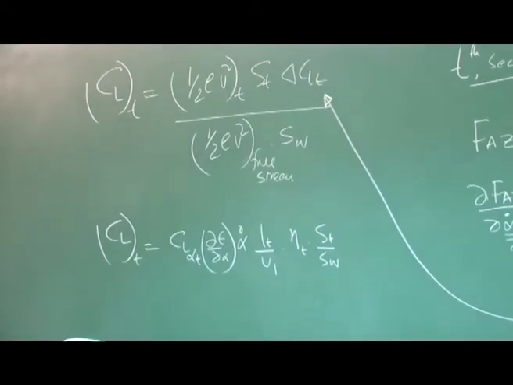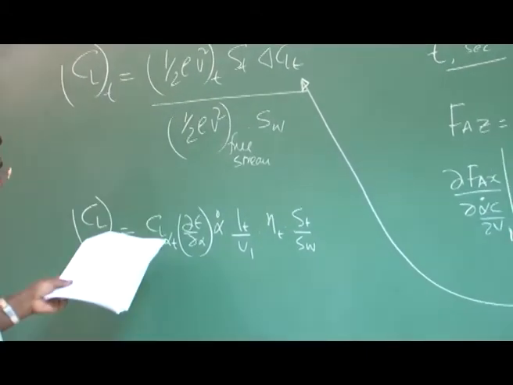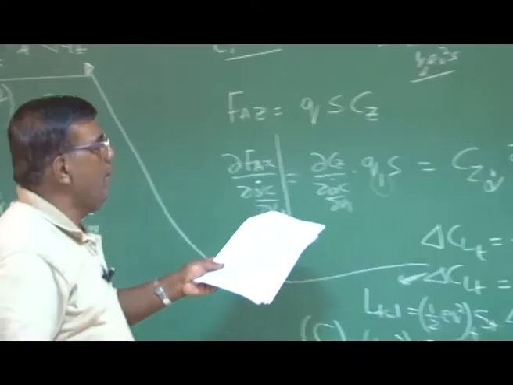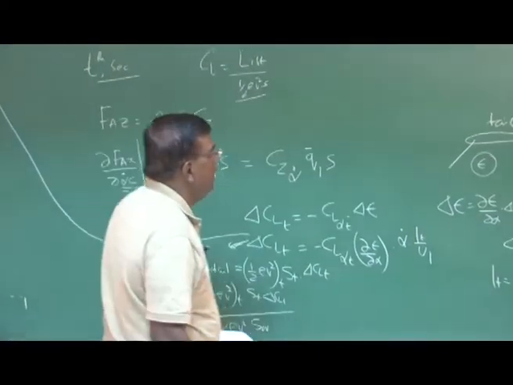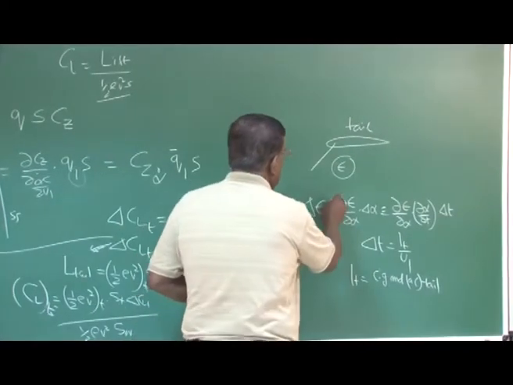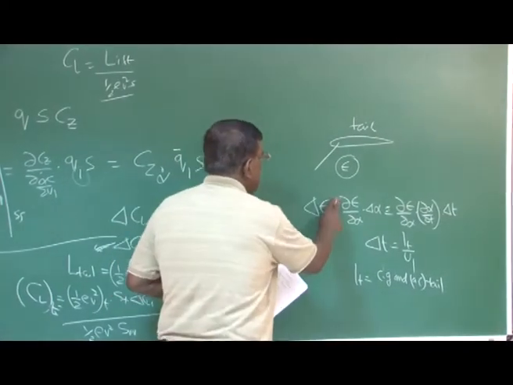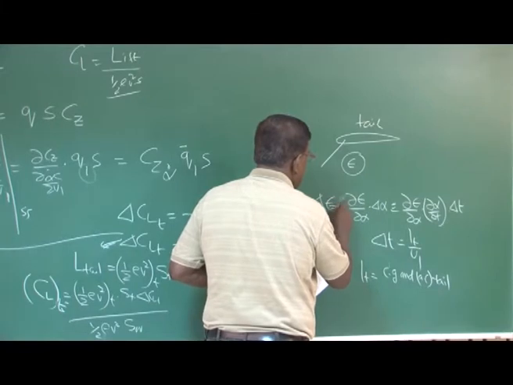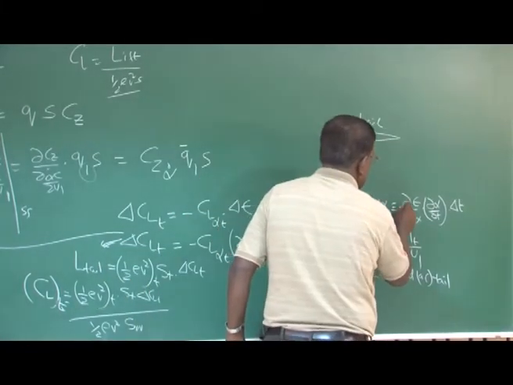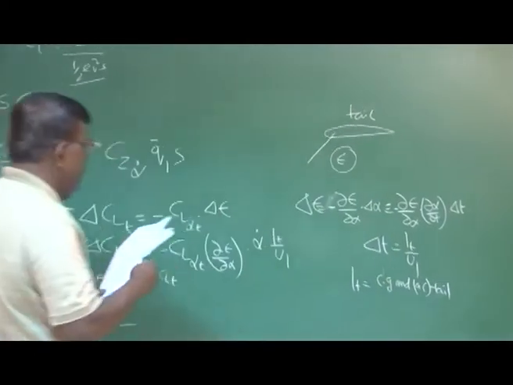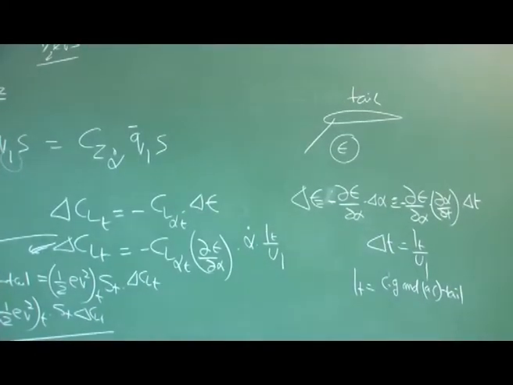You may be wondering where this minus sign has gone. Please understand that the expression of delta epsilon had a minus sign, which I missed here. So there is a minus sign here, your reduction, and that is how the minus sign got absorbed. Clear?